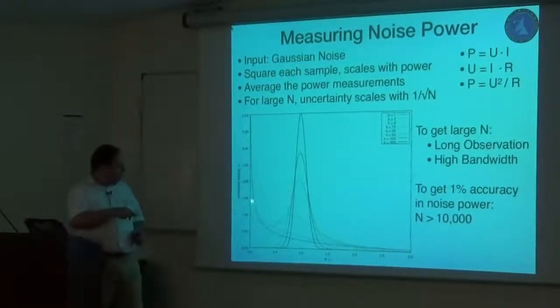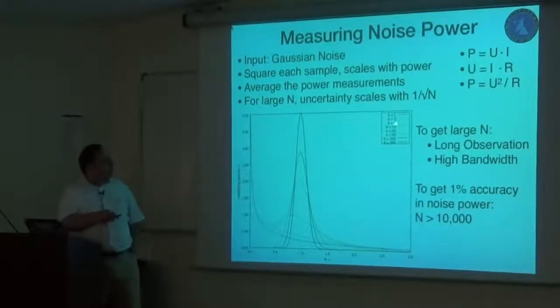But now if you start adding more samples, this is for 2 samples, you see over here the list for a few more and more samples, and at some point, for a large number of samples, your probability distribution starts to resemble a Gaussian again.